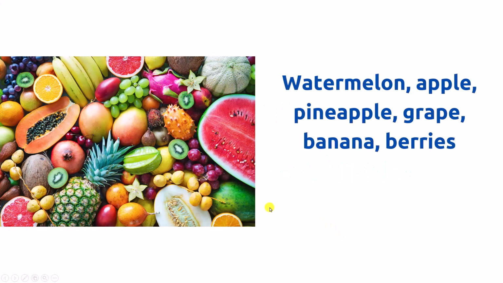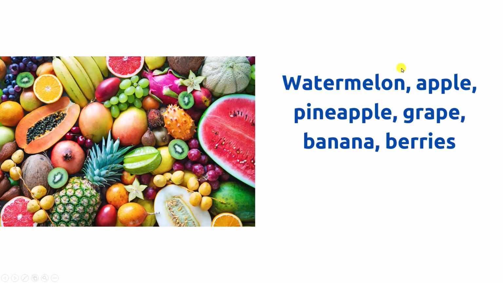Now here you can see a photo of many things, correct? What are the things that are in this photo? We have watermelon, apple, pineapple, grape, banana, berries.